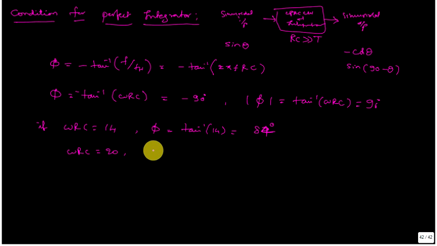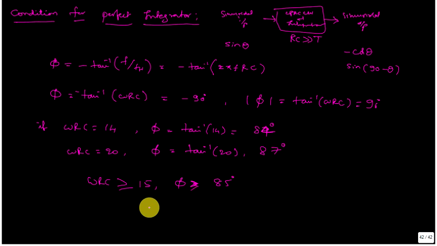And if omega RC is 20, then it is approximately 87 degrees. So if you take omega RC greater than or equal to 14 or 15, then the phase angle is greater than or equal to 85 degrees.